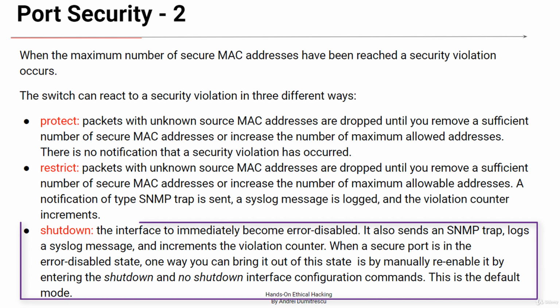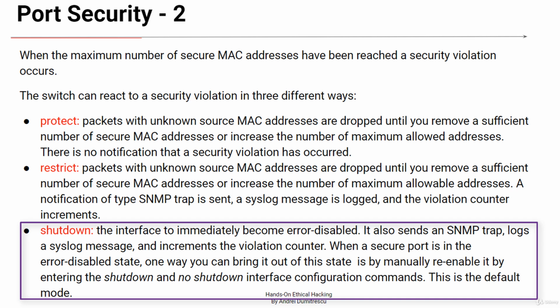And the last security violation mode is shutdown, which is also the default mode. In this mode, a port security violation causes the interface to immediately become error disabled. It also sends an SNMP trap, logs a syslog message, and increments the violation counter.